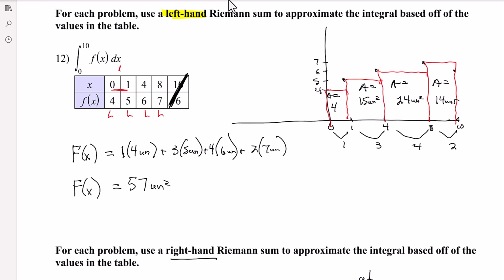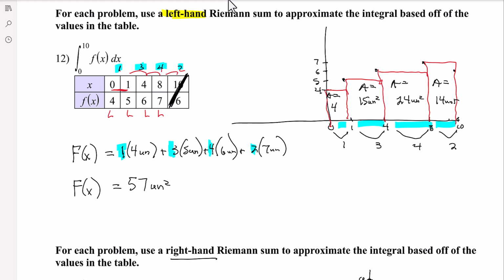But here's a dilemma. From 1 to 4, that's 3. From 4 to 8, that's 4. And from 8 to 10, that's 2. So notice these lengths of the rectangles, I showed them right here, are these values right here.